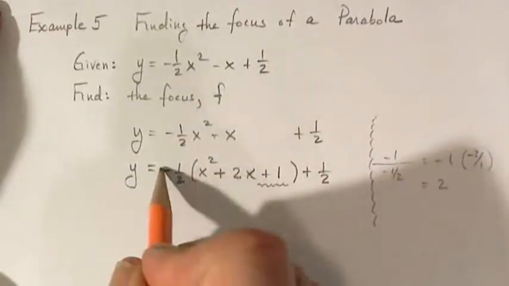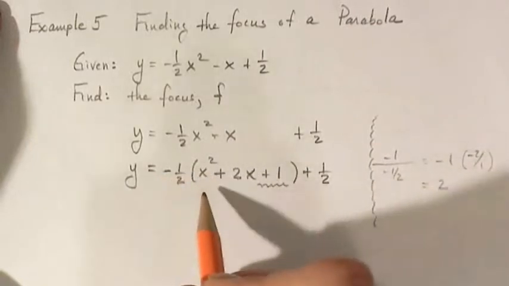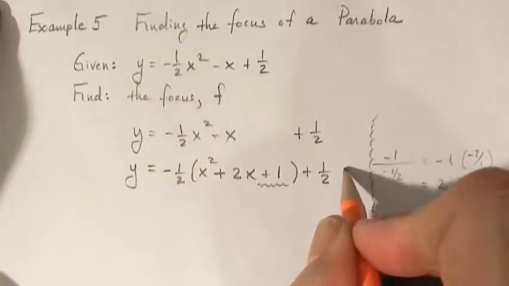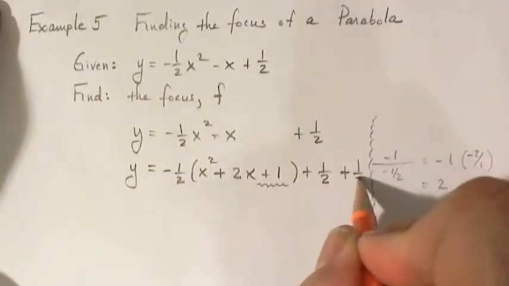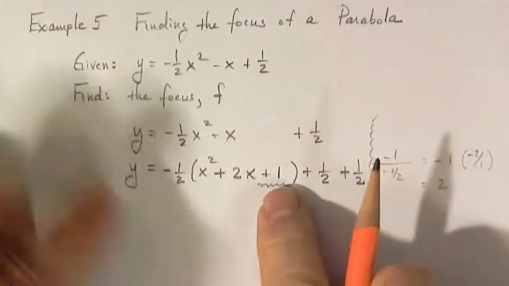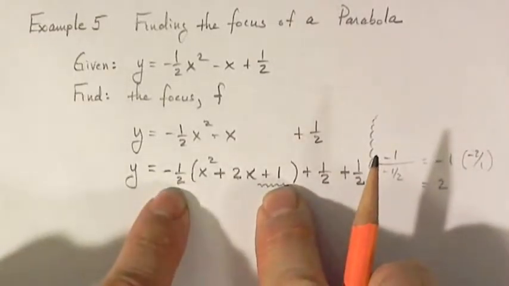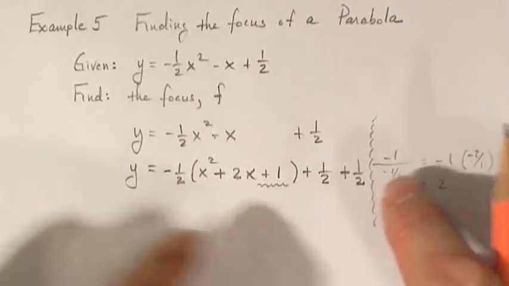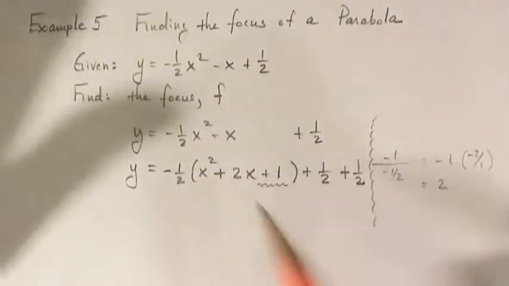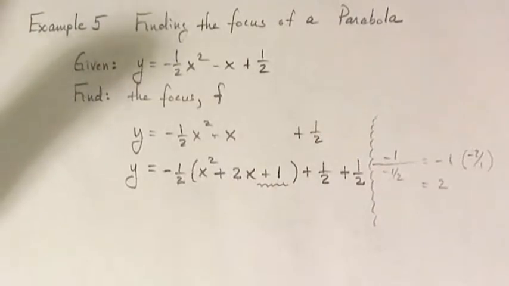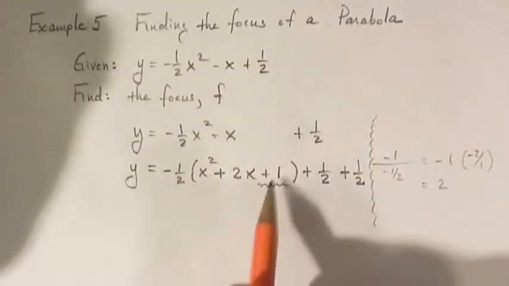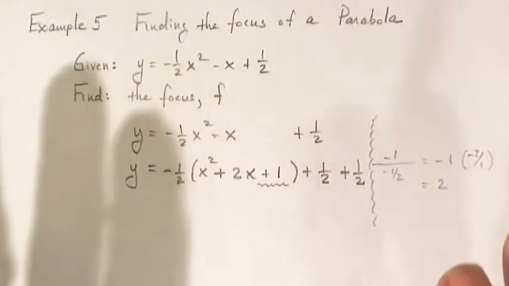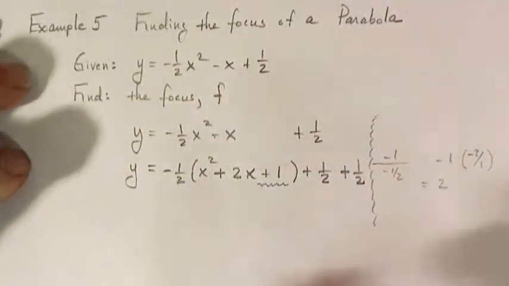So 1 times negative 1/2 is negative 1/2. So if I add 1/2, then this negative 1/2 and this 1/2 will cancel. And it's as if I had not done this at all. Well, actually I have, but it's changing the form. I just don't want to change the balance of the equation.